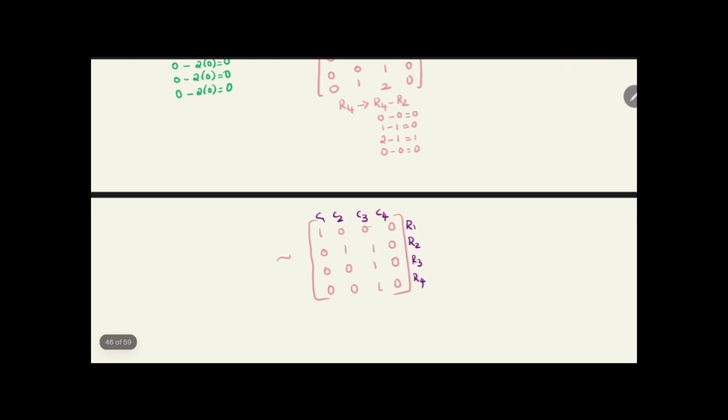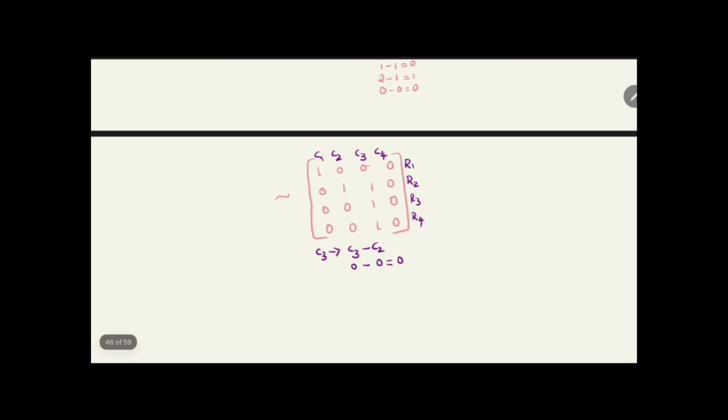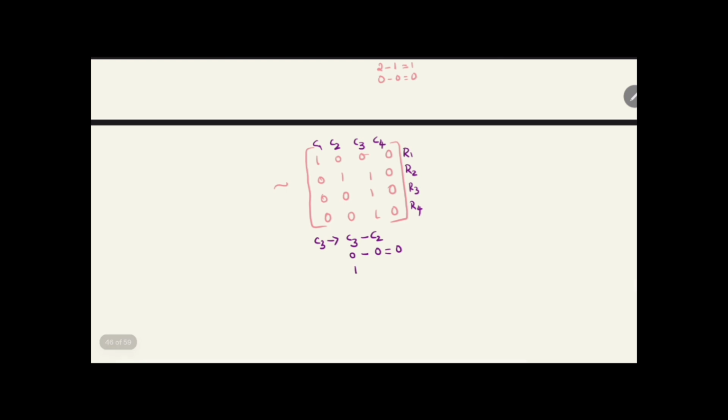Okay, so C3 implies C3 minus C2. That is, what is the first element of C3? 0 minus first element of C2, 0, which is nothing but 0. What is the second element of C3? It is 1 minus 1, which is nothing but 0. What is the third element of C3?